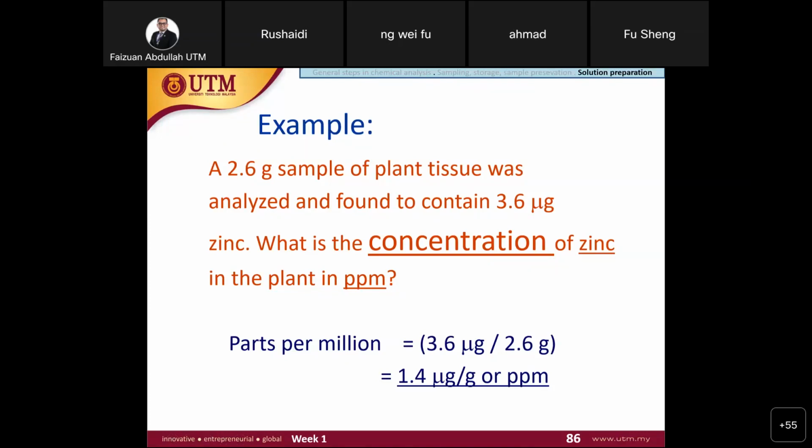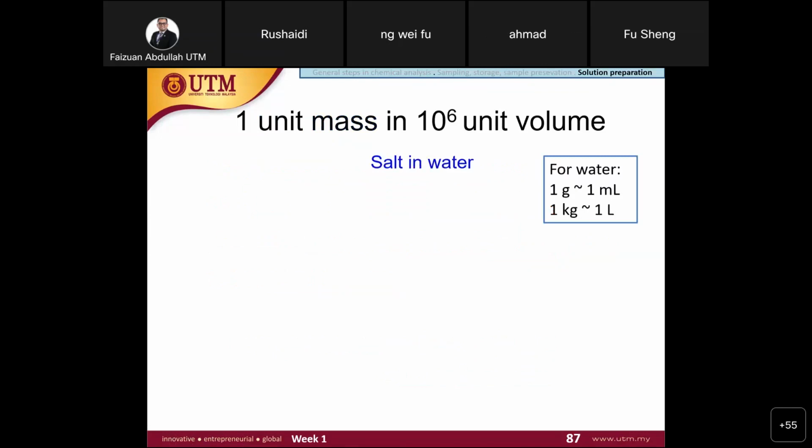All right, so the simple one, right? Okay. So what about 1 unit mass in 10 to the power 6 unit volume?